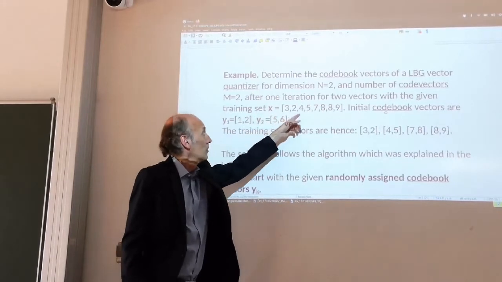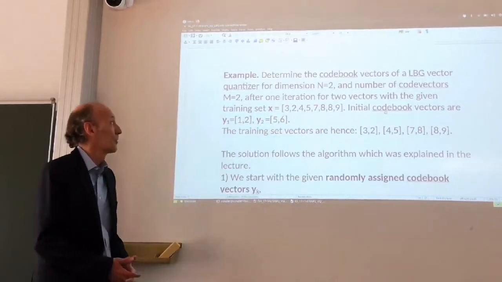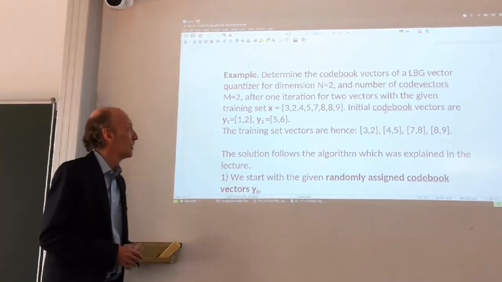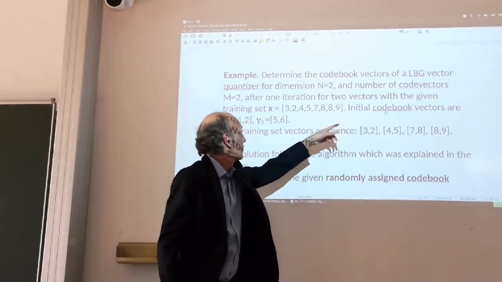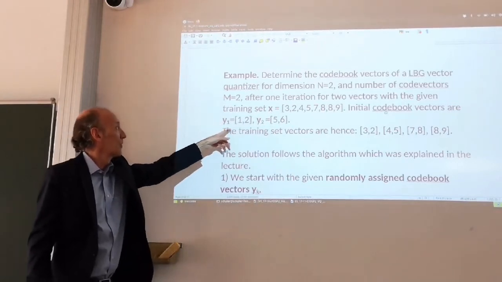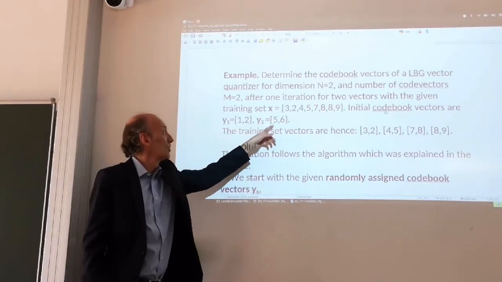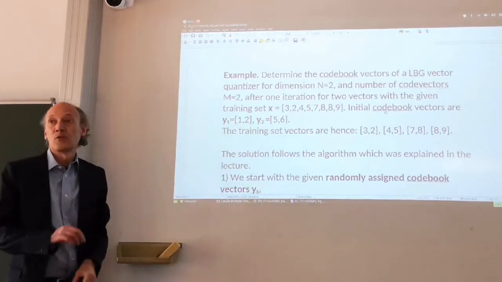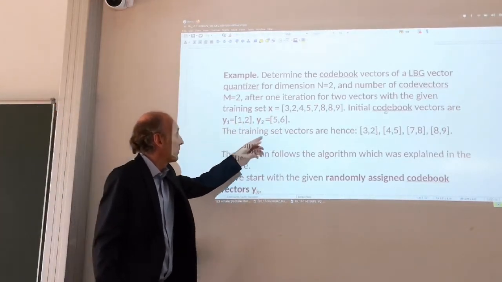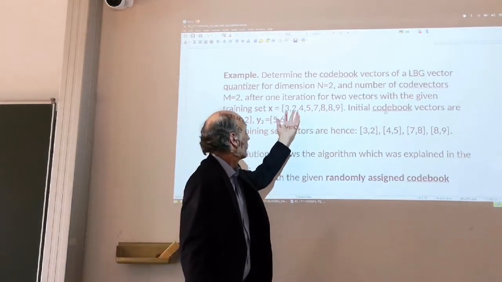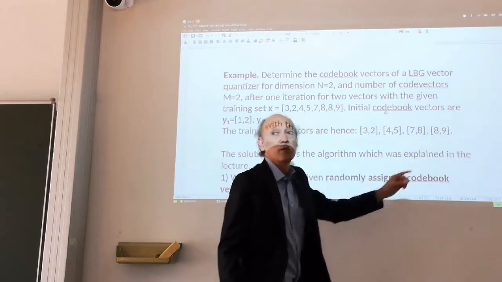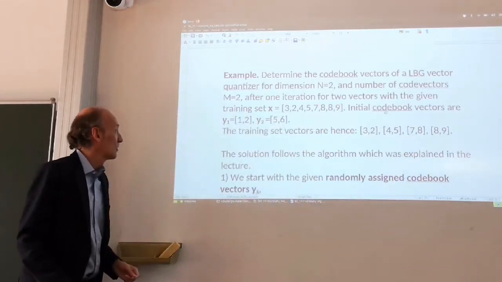And this is your sequence of samples, so it's a toy example. So the initial codebook vectors are just some random vectors. Here y1 is 1,2, y2 is 5,6. It's just some initialization. And the training set vectors are hence the groups of 2, the blocks of 2 from the signal here, which you can see here. So this is your training set.